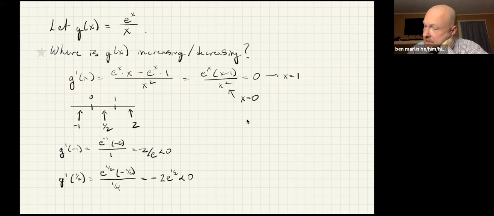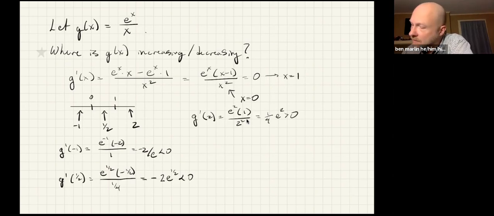And then g prime at 2, I'll have e to the 2, and 2 minus 1 is 1, divided by 2 squared is 4, so we end up with 1/4 e squared, and that's positive. So we'll have to line out increasing and decreasing.